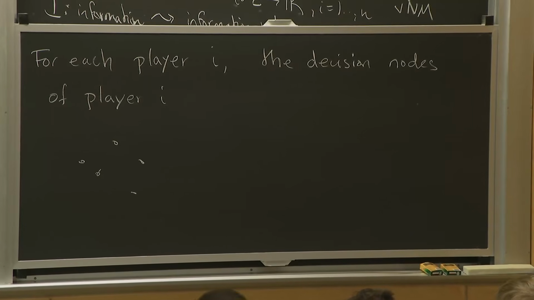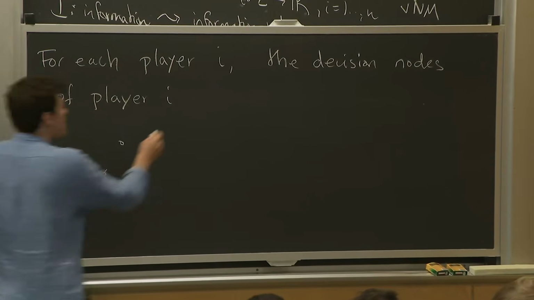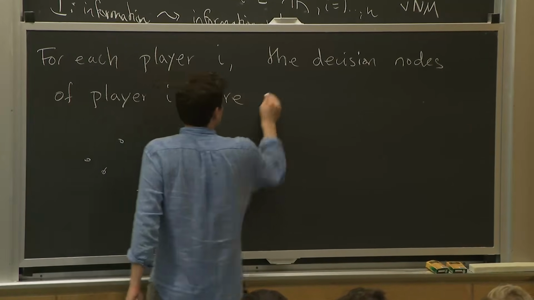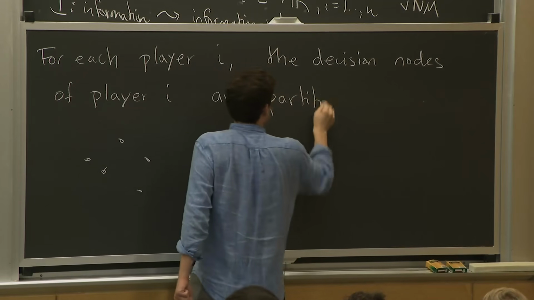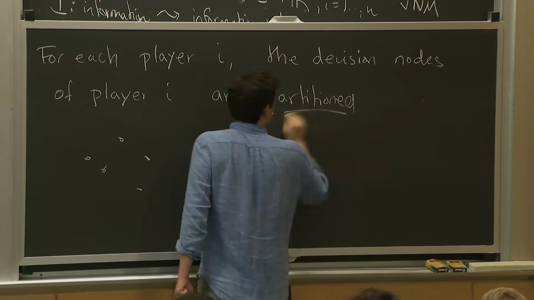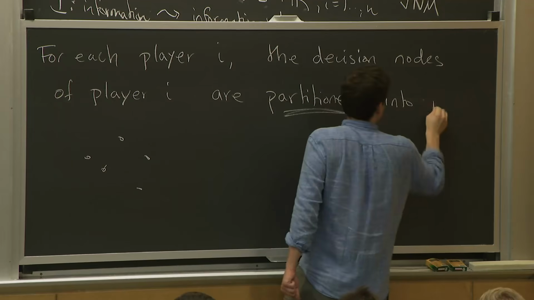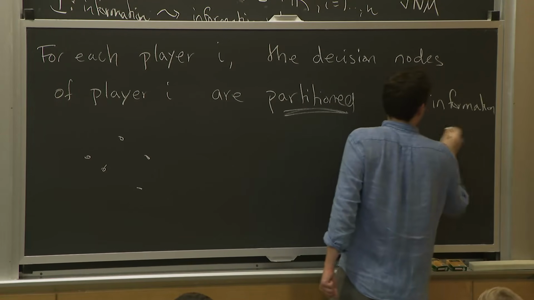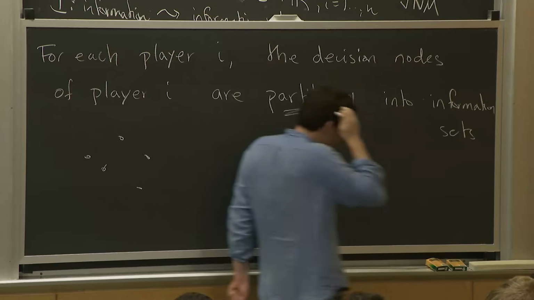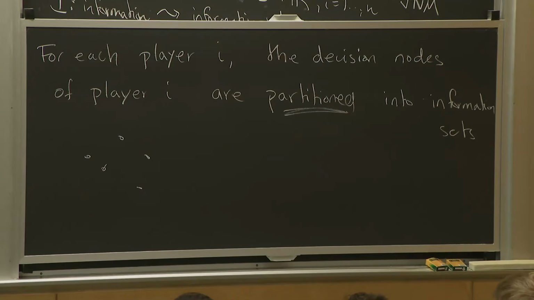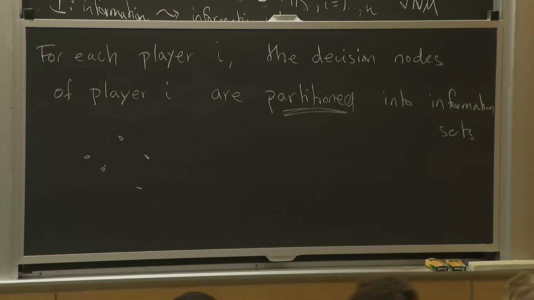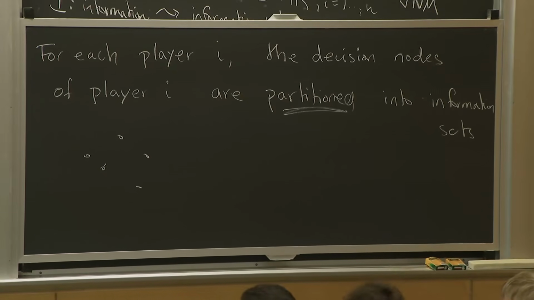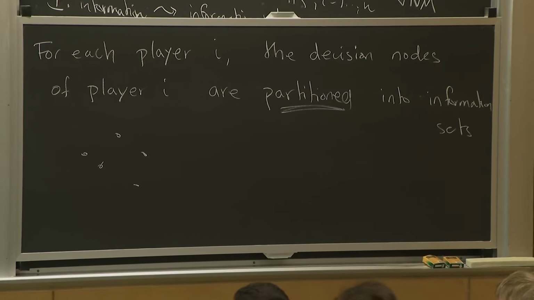The decision nodes of player I are partitioned into information sets, and I'll explain what that means. A partition is a fancy math word to say we have a collection of things, and we're going to put them into groups. We're just going to break them up into groups.